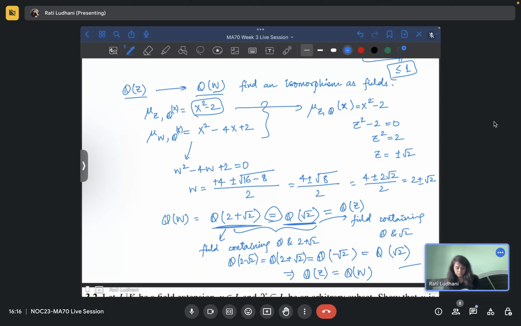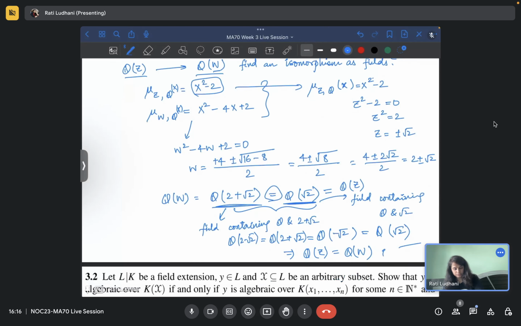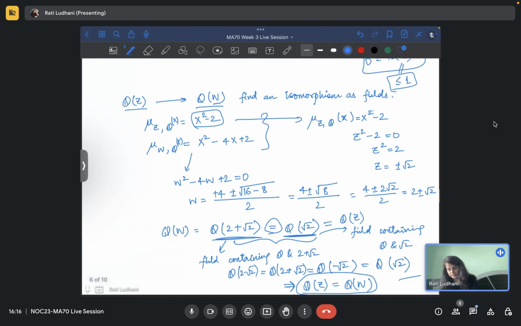So the map, we can just take the identity map now. As I said, these are equal even as fields. So if I define the identity mapping, I should force that Q(Z) is equal to Q(W), and the identity mapping is always a field isomorphism.